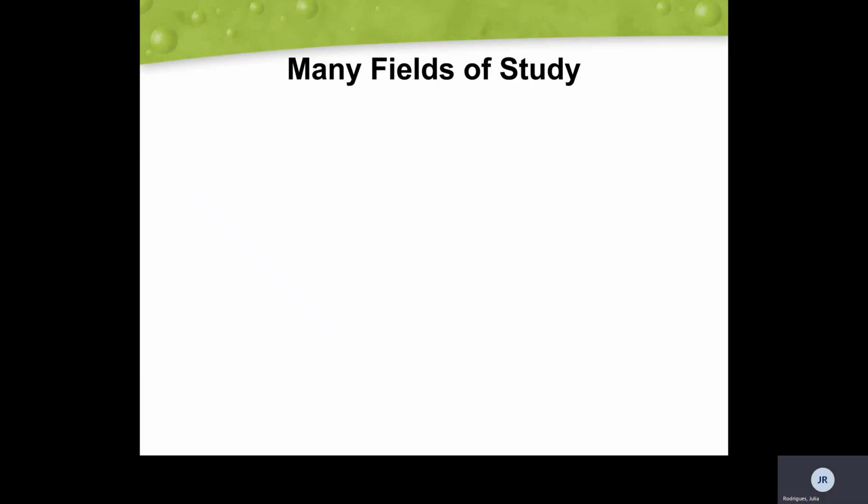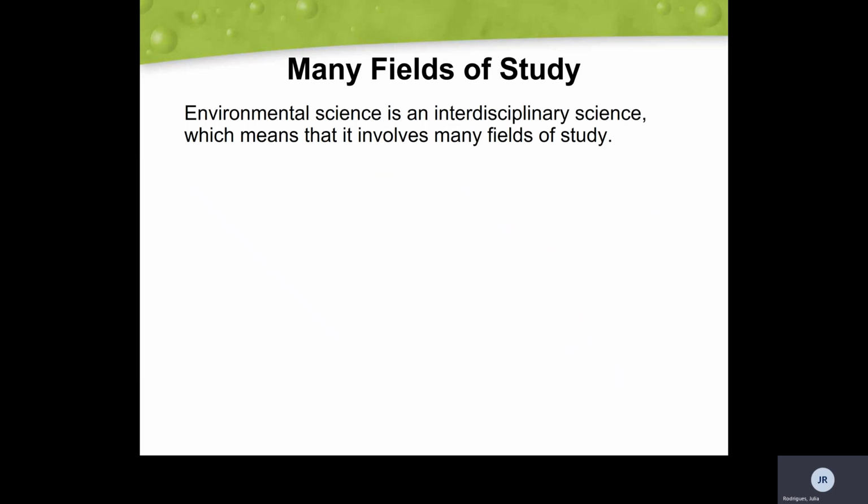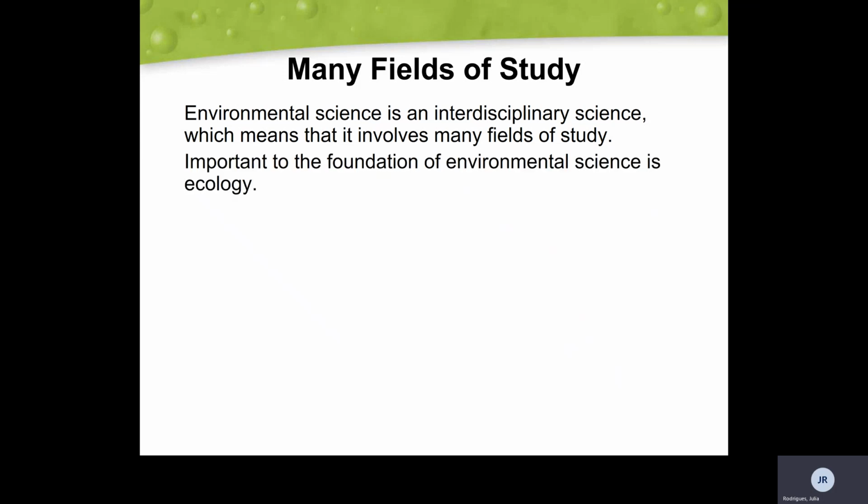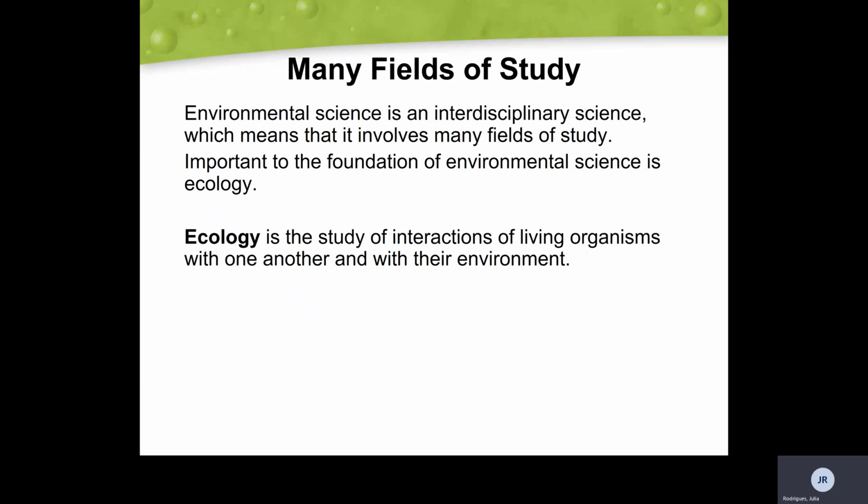Environmental science embodies many different fields of study. It's called an interdisciplinary science. The important foundation to environmental science is ecology, which is the study of different ecosystems, so you can see those interactions as well. Ecology is the study of interactions of living organisms with one another within their environment, which is different ecosystems.